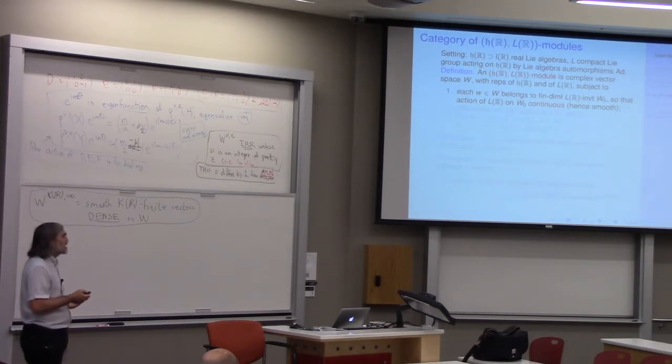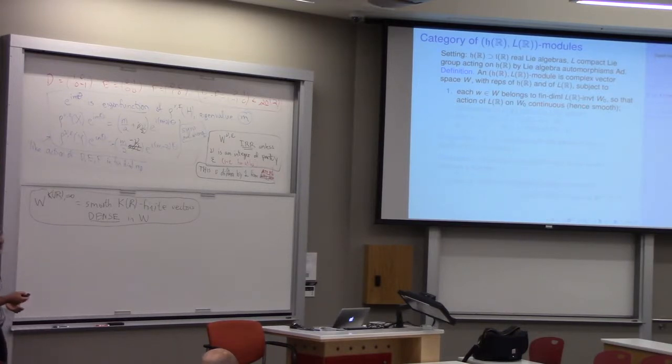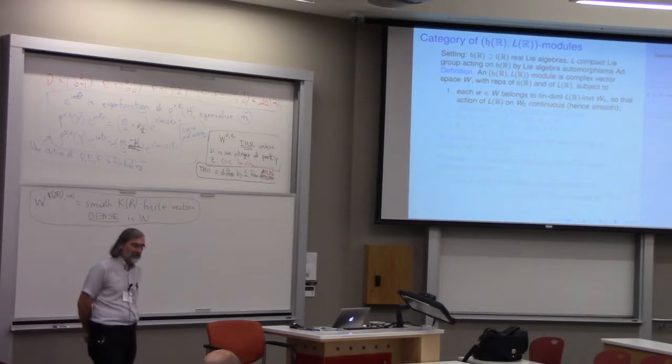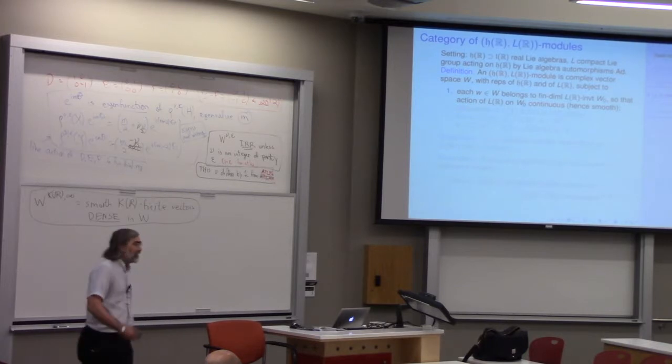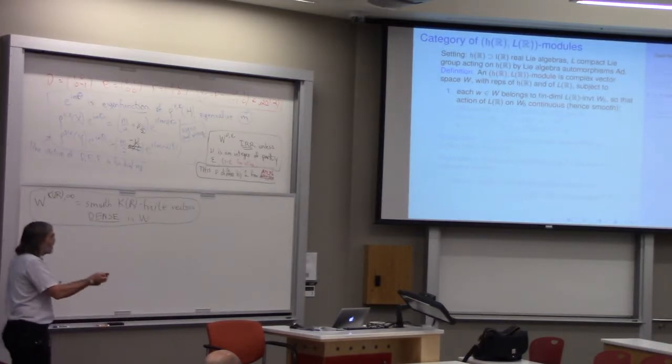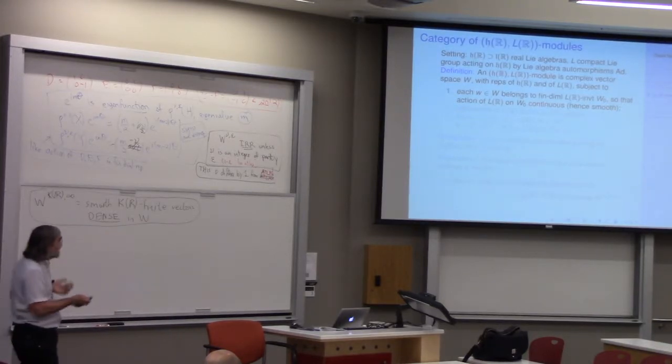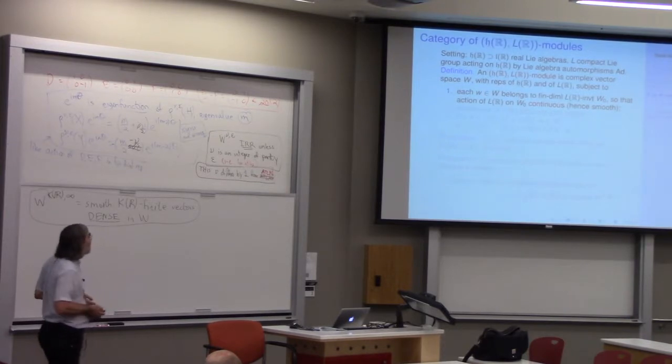I don't need a topology on W to make this definition, because this requirement of continuity is just on a finite dimensional subspace. And on a finite dimensional complex vector space, there's a distinguished topology. So there's no topology on W that's needed to make sense of this.